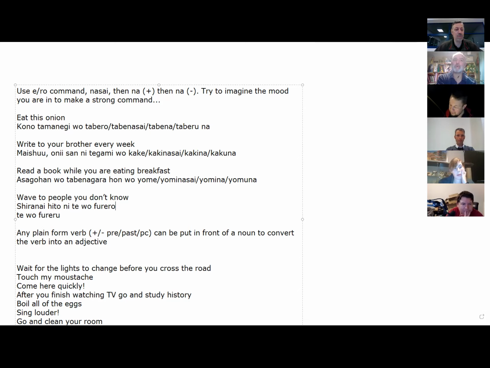Not furete, furero. You could say furete, this is a te form, and it's perfectly fine to make it as a command, but I want to use the e or the ro command. So furero. And then in the nasai structure? Furenasai, good. And presumably furena.